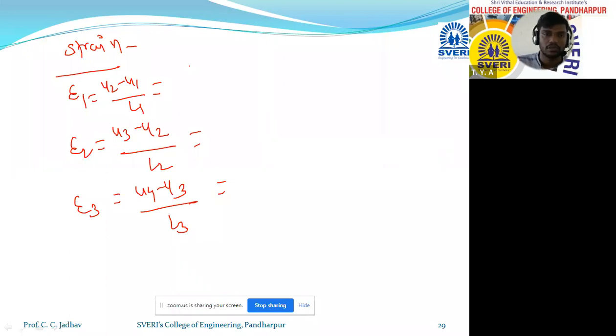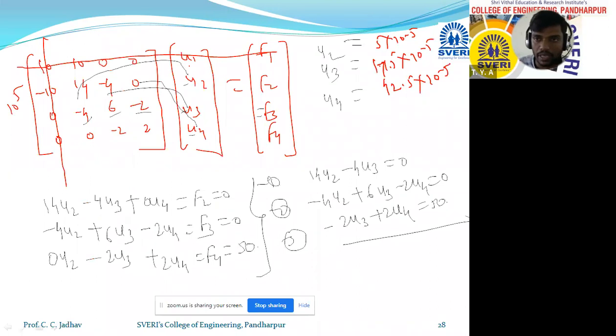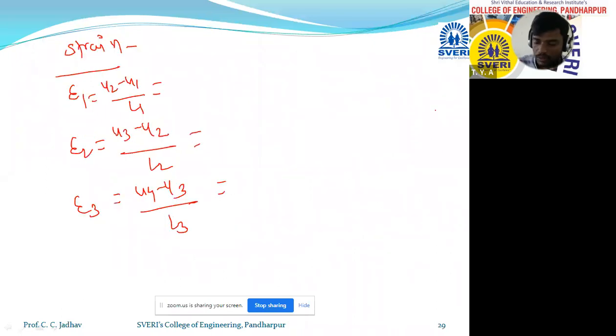The previous values are in mm, because this is displacement, so the unit of this displacement is mm. Just tell me the value of the strain.